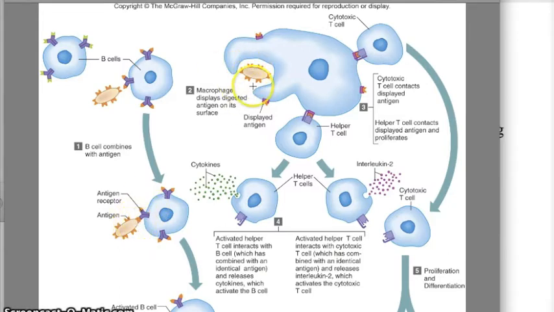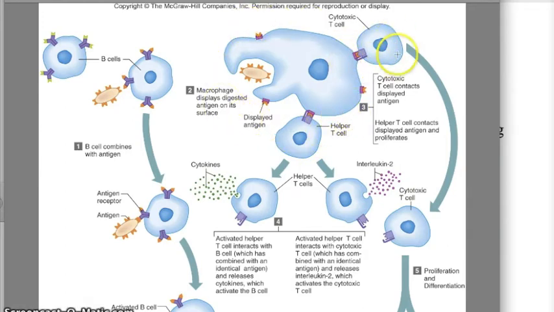At the same time, there's enough of this pathogen in the body with its antigens on its surface that a macrophage is going to take in one of them, and so it phagocytizes it, digests it, and displays its antigen on its surface. And then T cells are going to come along and read that information off of our macrophage.